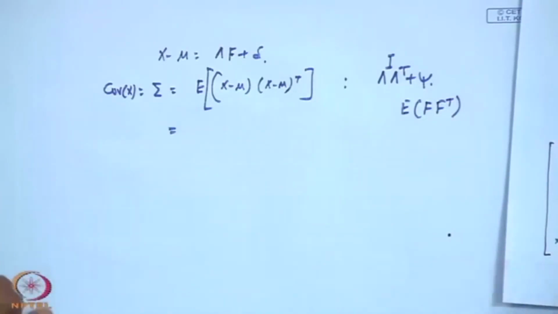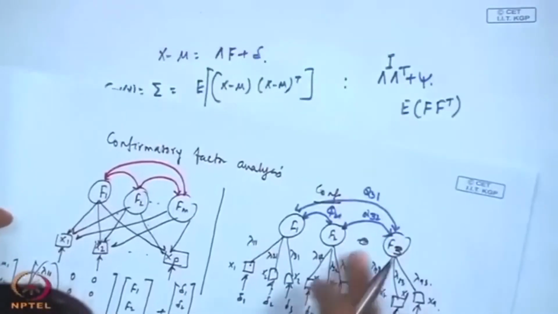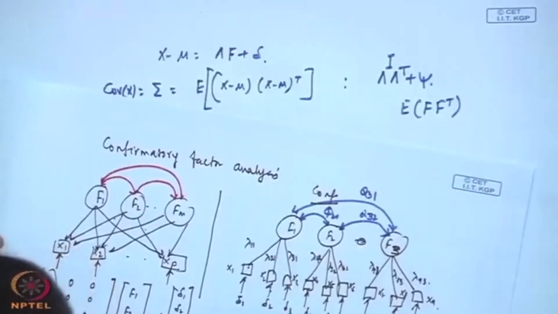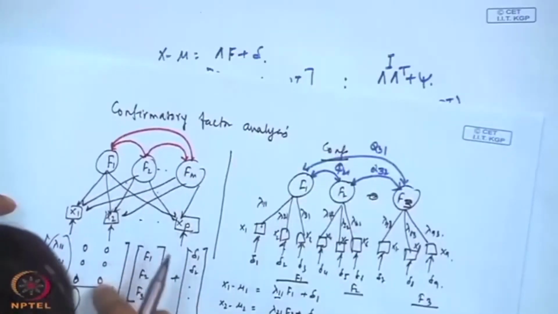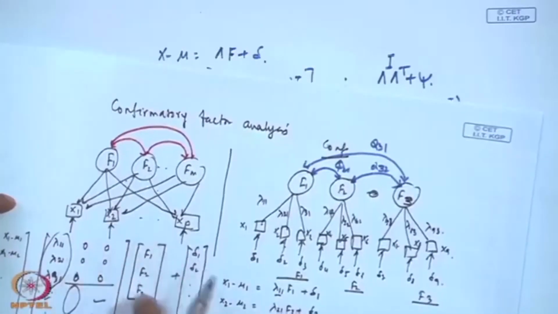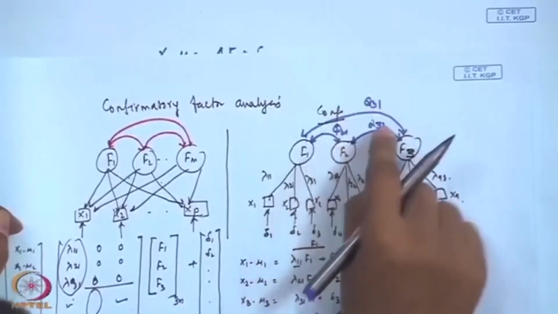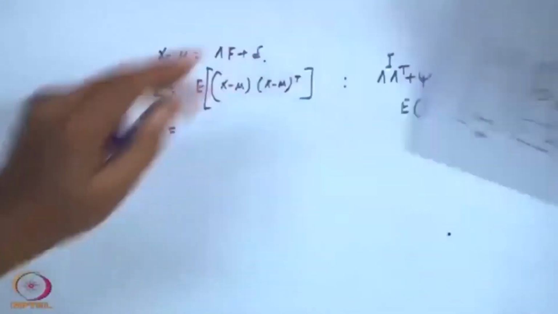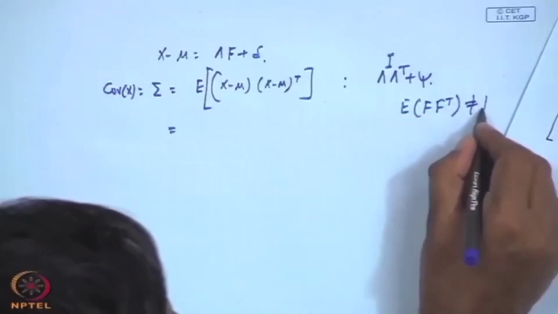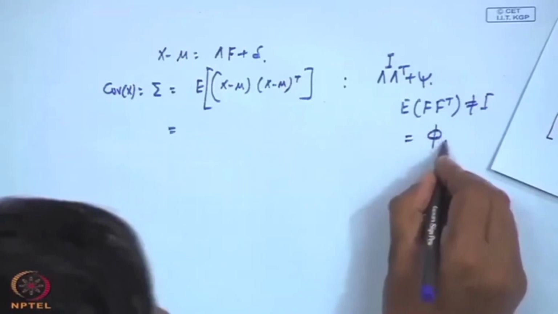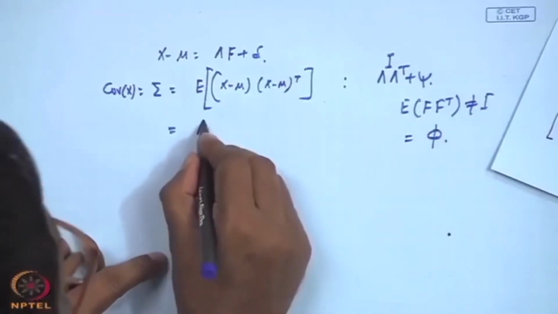Okay. Now in confirmatory factor analysis, not only are so many lambda loadings 0, apart from that there is variability amongst the F. So this will not become I, rather this will be your phi. So then what will happen?